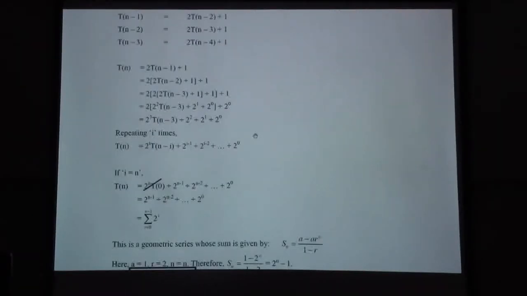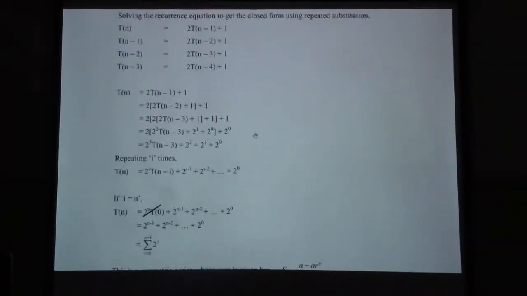So in order for this to get T of 0, what does i have to be? i has to be n. So therefore, when i is equal to n, it's going to be T of n minus n, T of 0, which is 0. And 2 to the n times 0 is 0. So that whole term disappears.